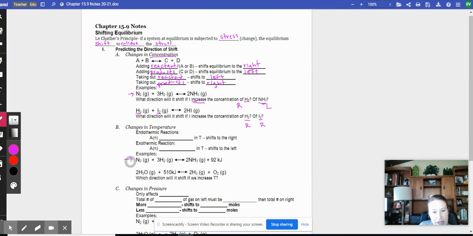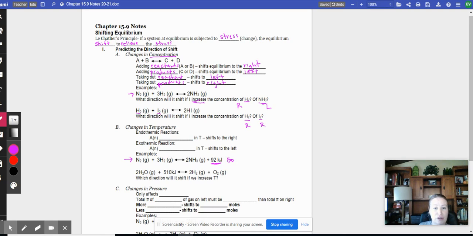Something like this right here. So nitrogen plus hydrogen making ammonia gives off 92 kilojoules as a product of that reaction. This is going to be exothermic. And think of the heat coming out as a product of the reaction, and it makes this a lot easier.